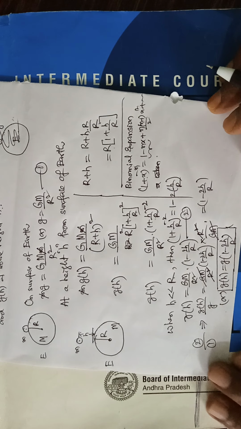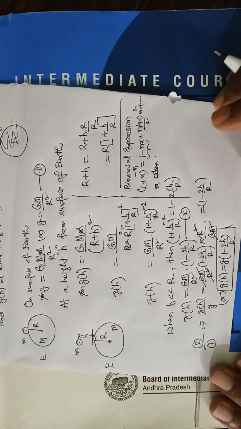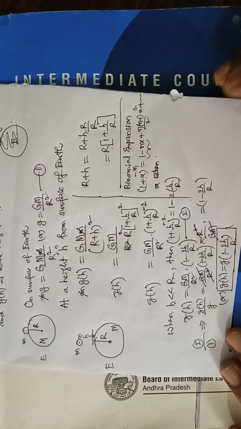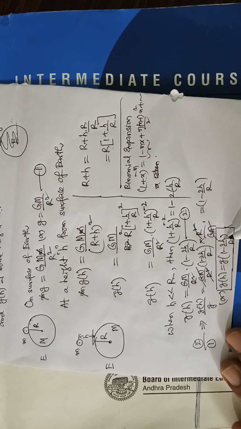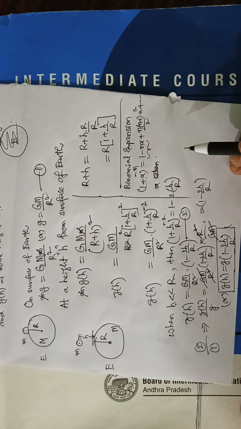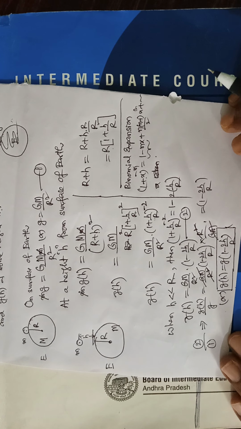In this way, we got an expression for variation of g value with height. Now, as height increases, the deduction part increases, therefore g value decreases. As you go higher and higher, because of this minus term, gh value decreases.